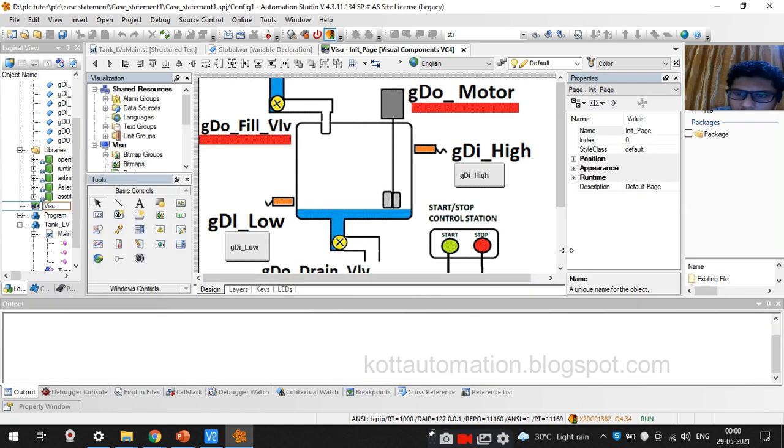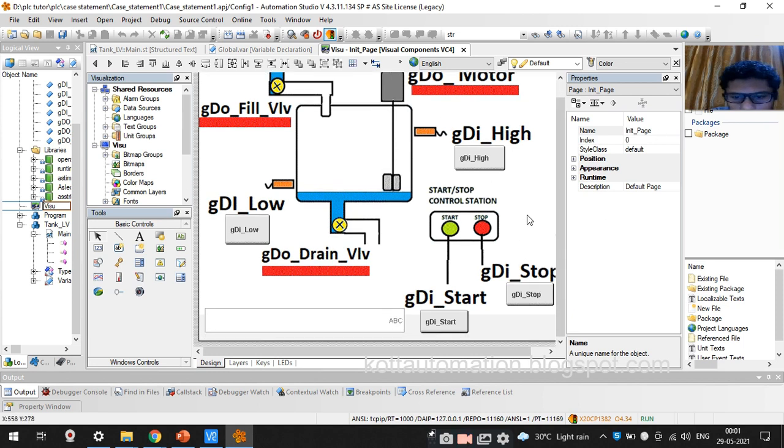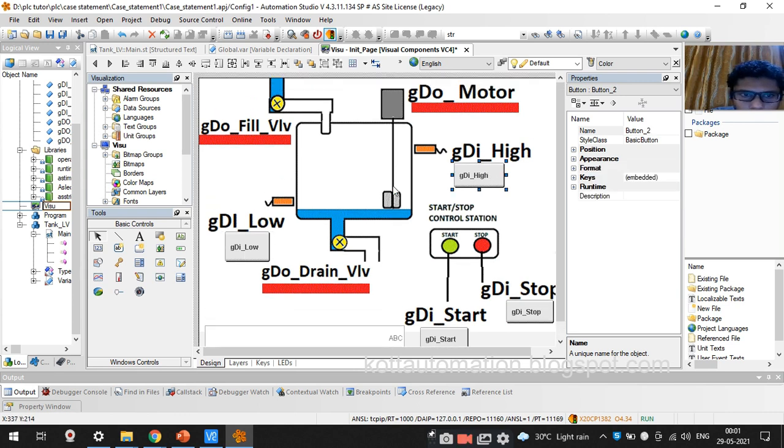I have already made an HMI screen here to save time. So I have made two push buttons for start and stop. Actually, I don't have any PLC currently, so I have taken two switches for a low level sensor and the high level sensor.